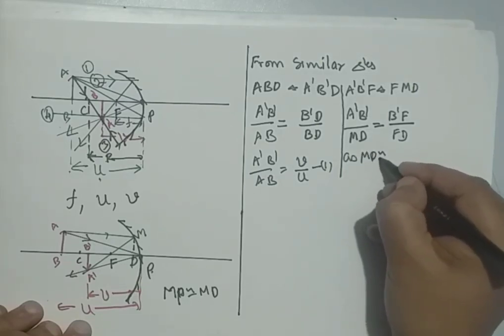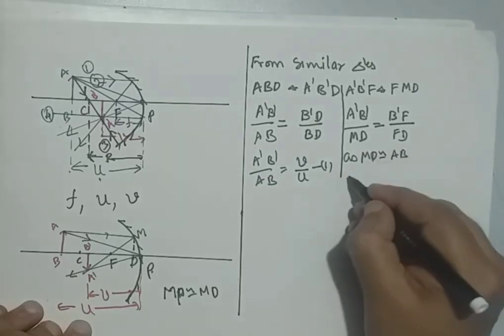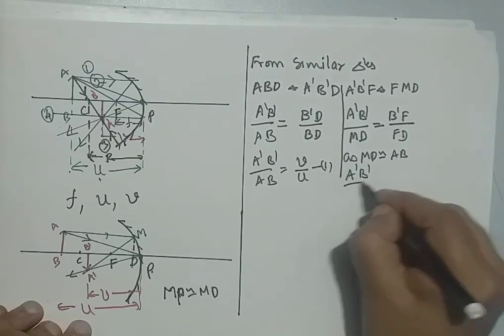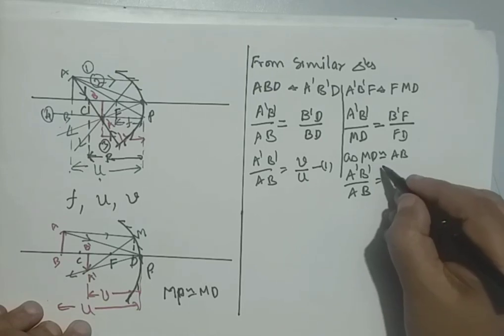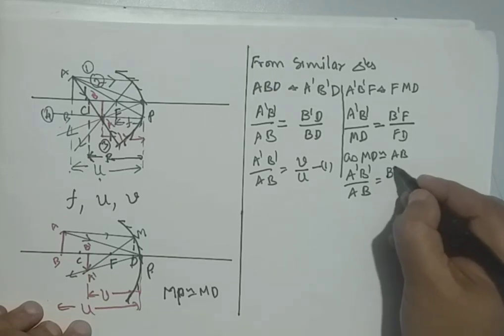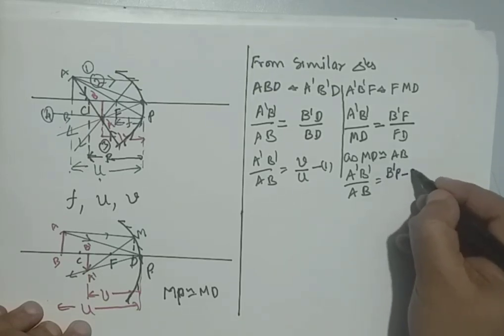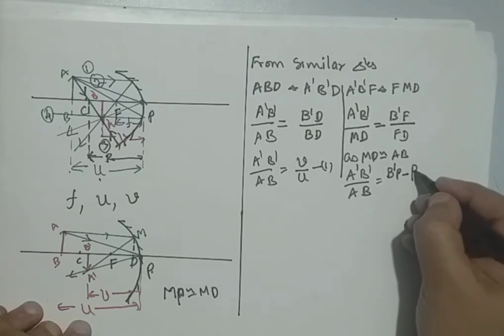MD is equal to AB, so I can write A dash B dash by AB equals B dash F. B dash F can be written as B dash P minus PF.